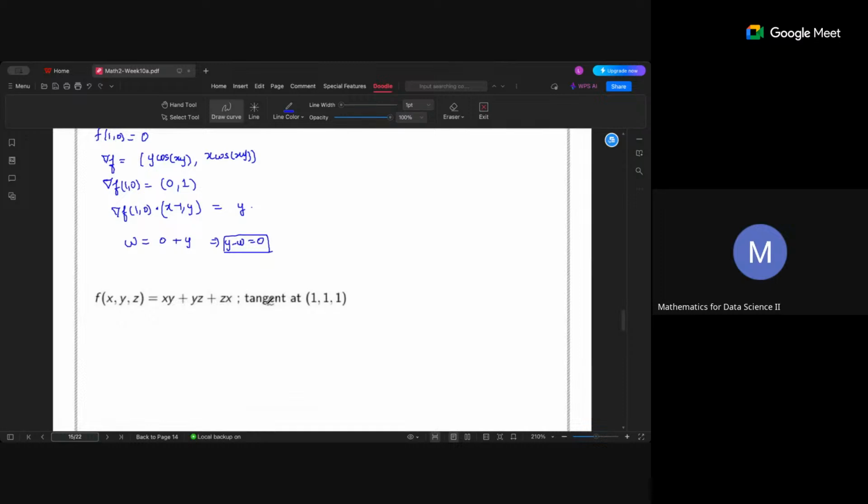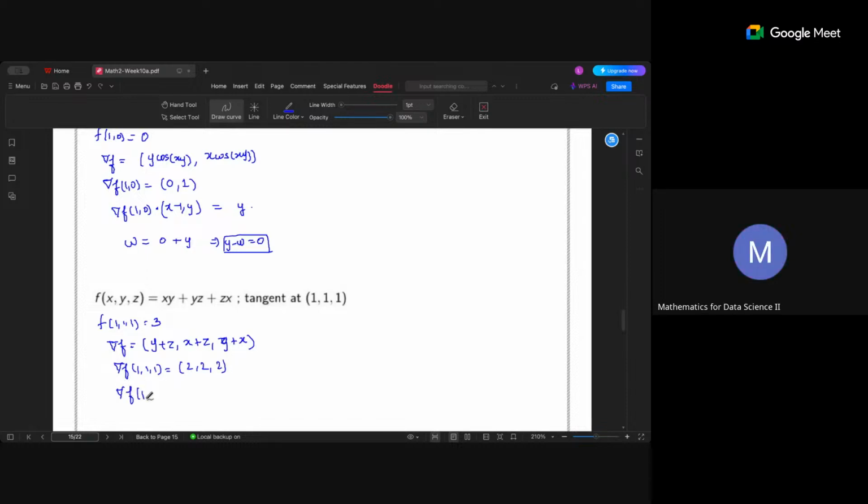So next you have a function of 3 variables. So the same process only. What is f of 1 comma 1 comma 1? 3. What is del f? (y plus z, x plus z, y plus x). Del f at 1 comma 1 comma 1 is 2 comma 2 comma 2.